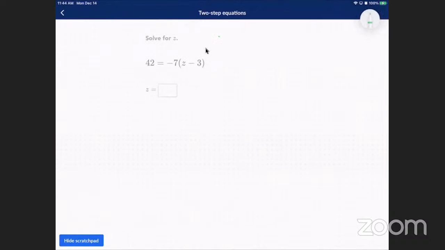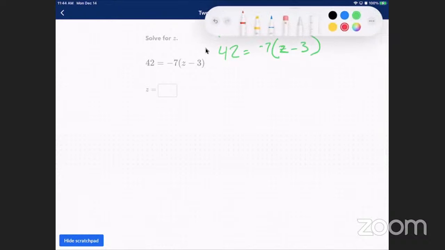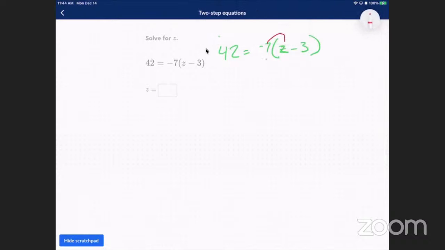So 42 equals -7 minus z3. I'm going to put this little cross in there like that. With this, first we would want to do the distribution property, where we would take 7 and it goes in here and here.